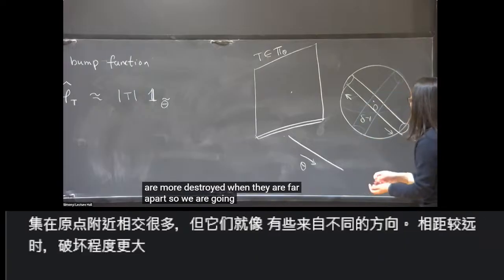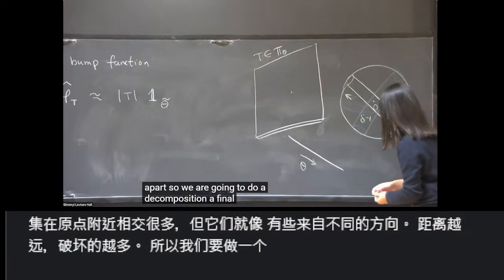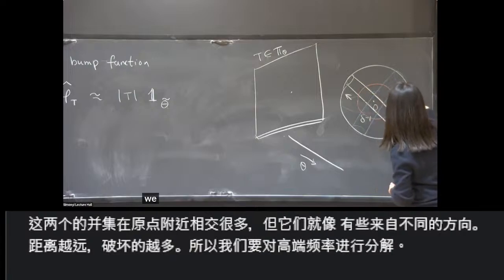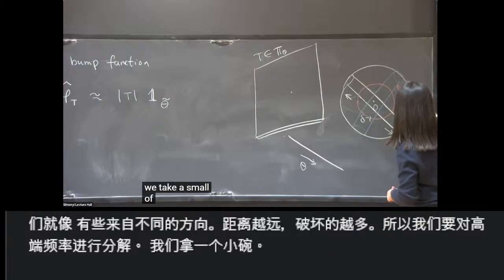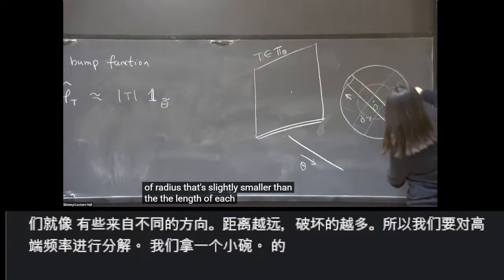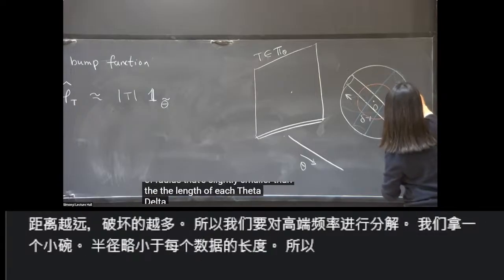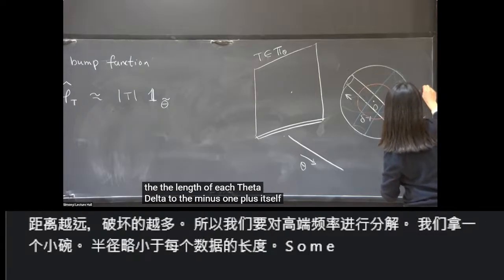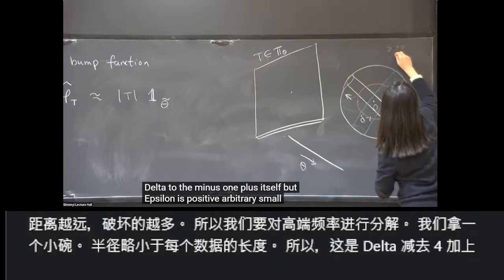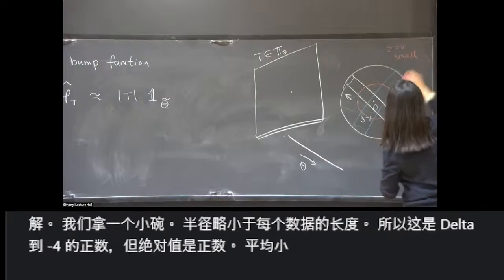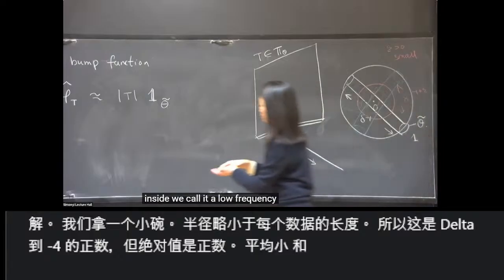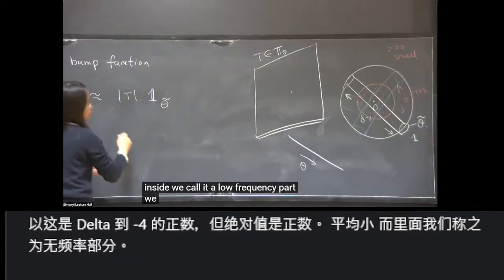So we're going to do a decomposition into high and low frequency. We take a small ball of radius slightly smaller than the length of each theta delta. So that's delta to the -1 plus epsilon, where epsilon is positive and arbitrarily small. The inside we call the low frequency part.